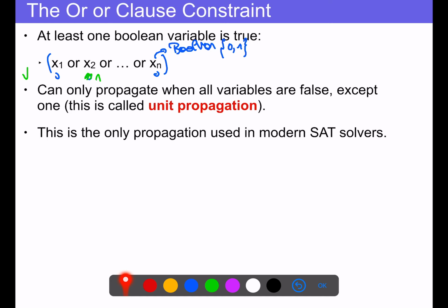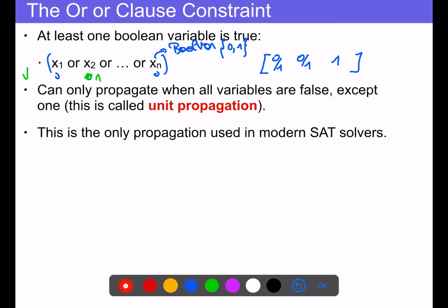And think about this constraint a little bit, and you will realize that you can only propagate when all the variables are false, except 1. Okay? If all the variables are false except 1, then you can do something that we call unit propagation. So let's look at one example. Assume that I have 3 variables. So one of them is still 0, 1, and this one is 1, let's say.